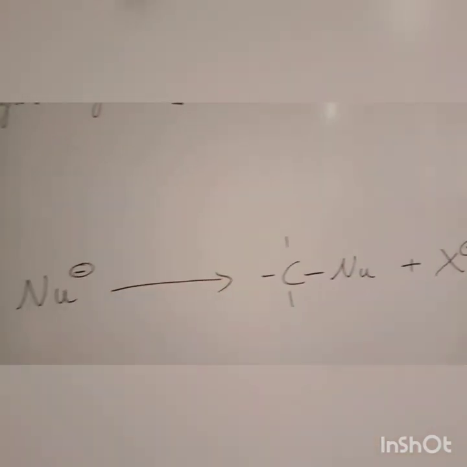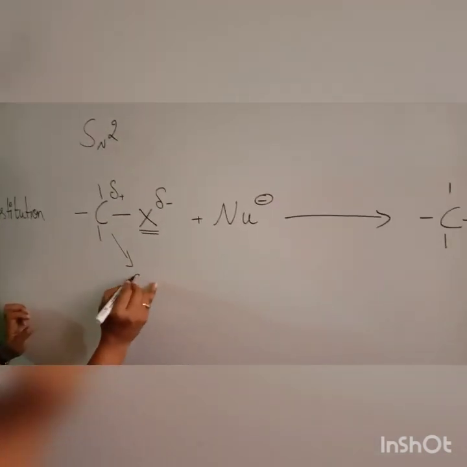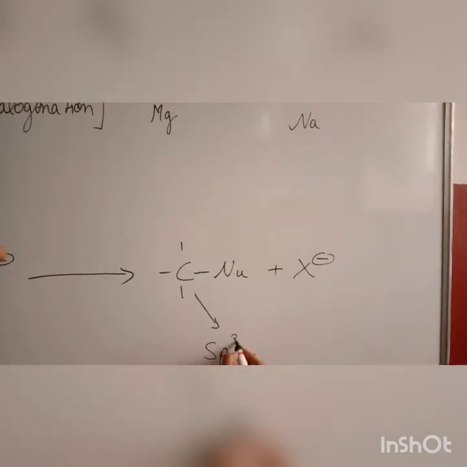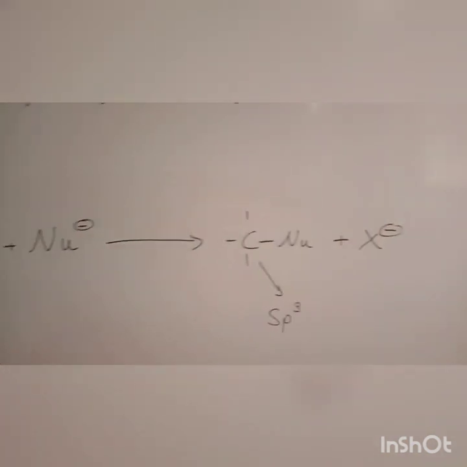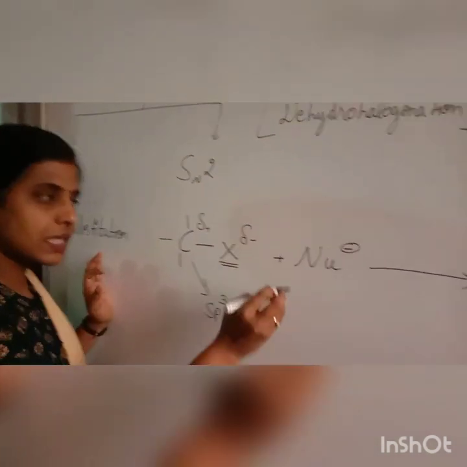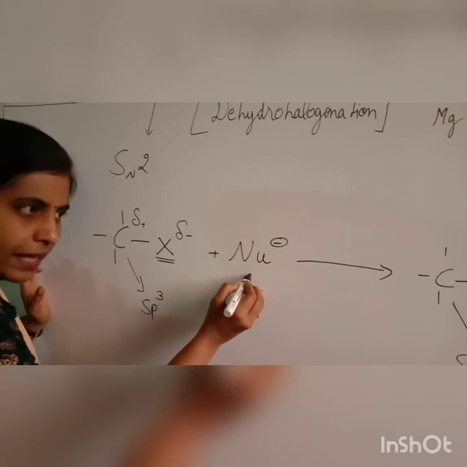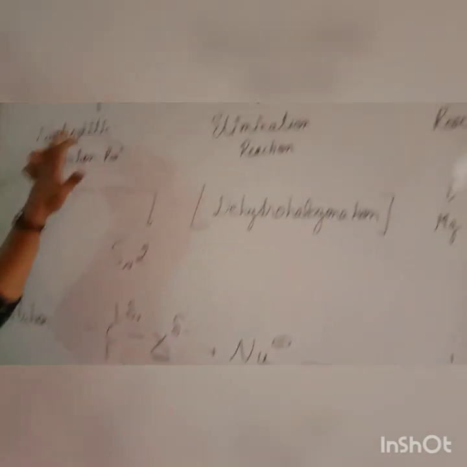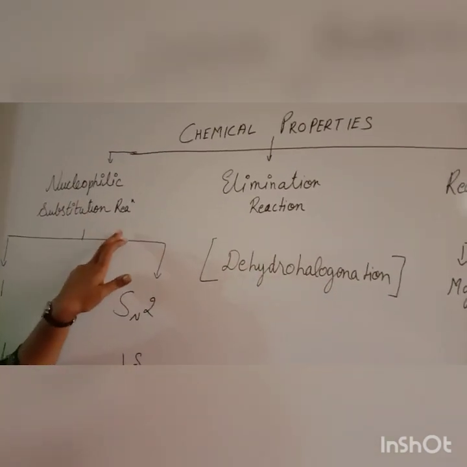Here I don't have any change in the state of hybridization, as this carbon is sp3 hybridized, and in the product also it is an sp3 hybridized carbon atom. So this is the substitution reaction, and because the attacking reagent is the nucleophile, this reaction is called the nucleophilic substitution reaction.